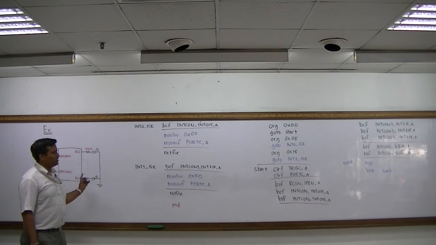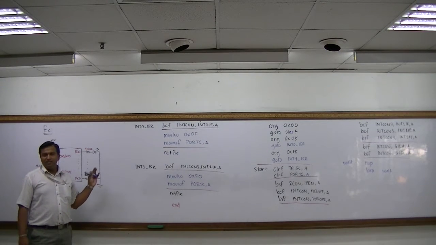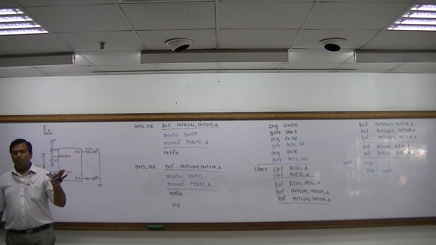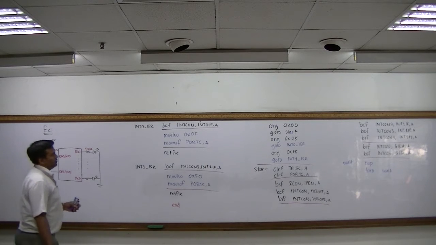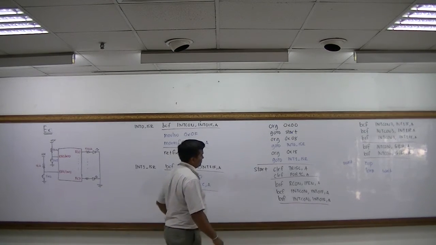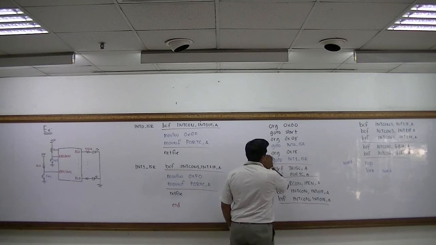Okay, let's say the question now we change. Assume the same question, but both of the interrupts are configured to high priority. So what are the changes that will happen here? This one doesn't have.